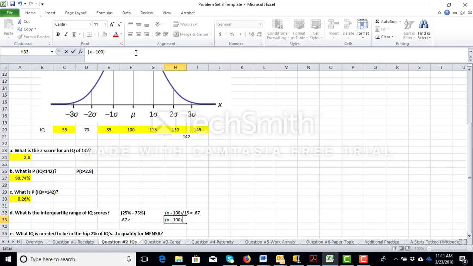If I multiplied that by 15, on the left side I would get just x minus 100, and on the right side I would get 0.67 multiplied by 15. It's about 10. And then to get x all by itself, I would add 100 to both sides. What this is telling me is that an IQ of about 110 is this z-score of 0.67 that I was looking for here.